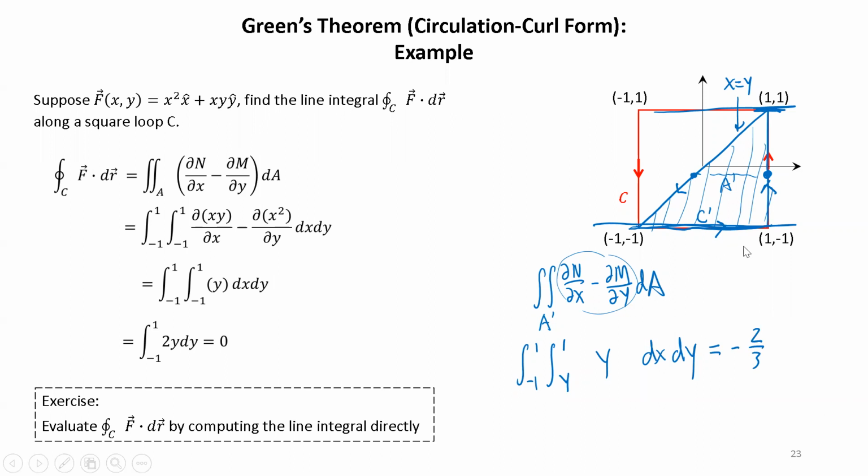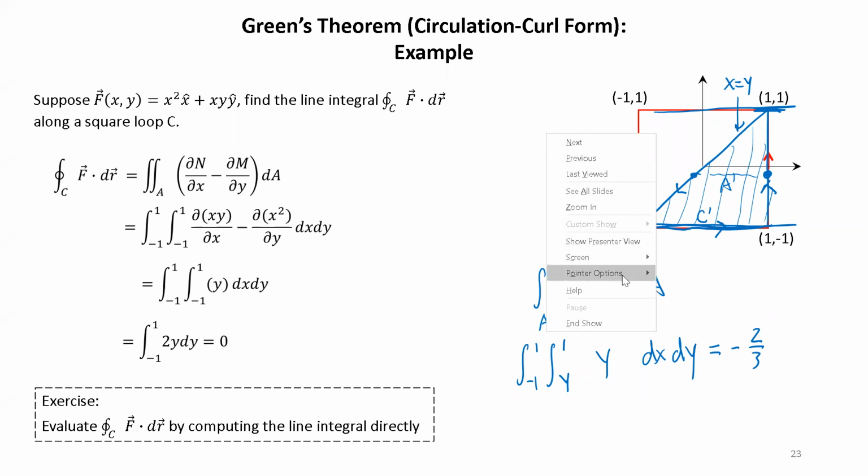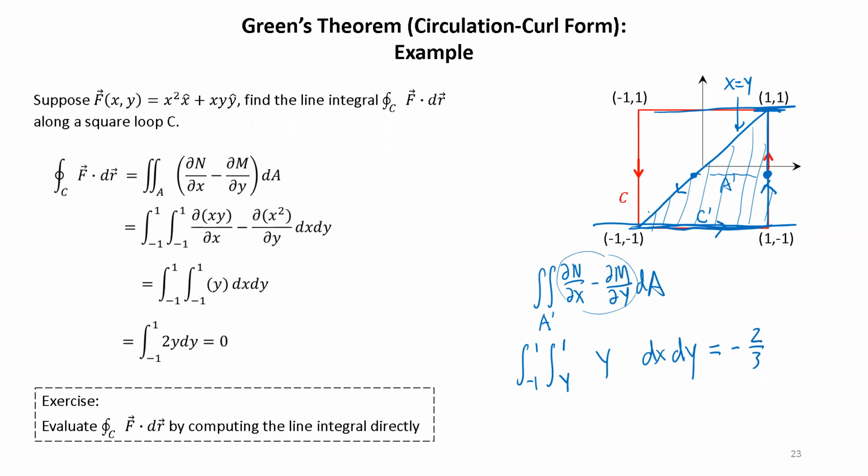Now you can also ask, what about the upper half of the triangle, if I want to do the line integral over this part here? Actually, we don't need to calculate anymore, because I have the result for the entire square and the result for the lower half of the triangle.